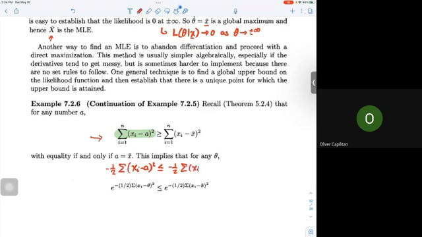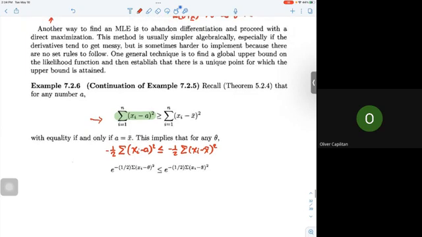If we take the exponential function of both sides, then we have this. Then after that, we multiply both sides by 1 over (2 pi) raised to n over 2, so e to the negative 1/2 the summation of x sub i minus theta quantity squared, and then this is less than, since we multiply by a positive value, the sense of inequality is being preserved.